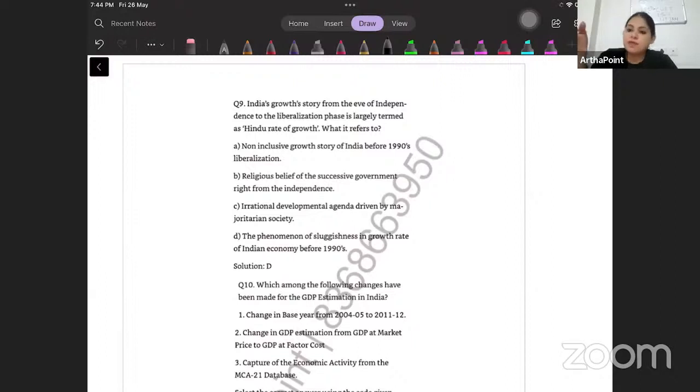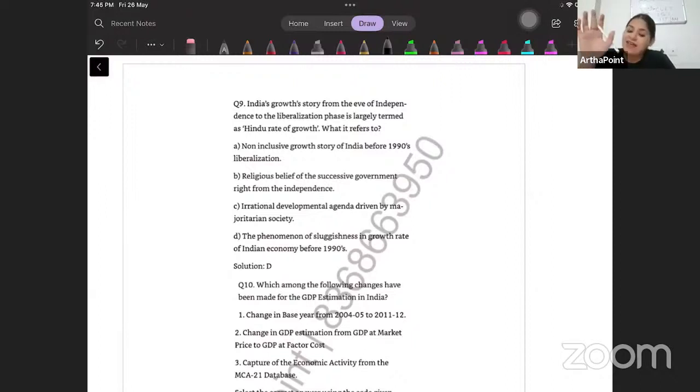Sometimes drought, sometimes famine, sometimes the war with China, with Pakistan. Because there were so many issues, India was not able to grow, right? The growth rate was very low. This sluggishness, that we are not able to grow at a good growth rate, is basically called the Hindu rate of growth.